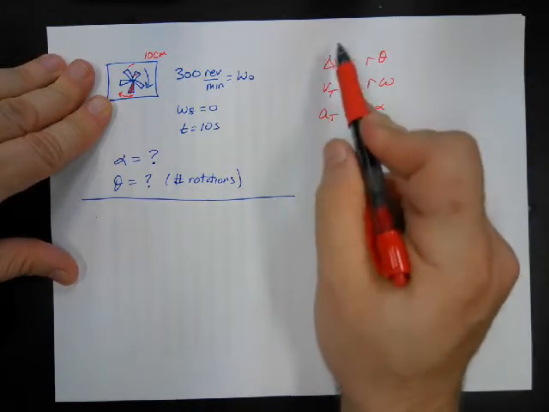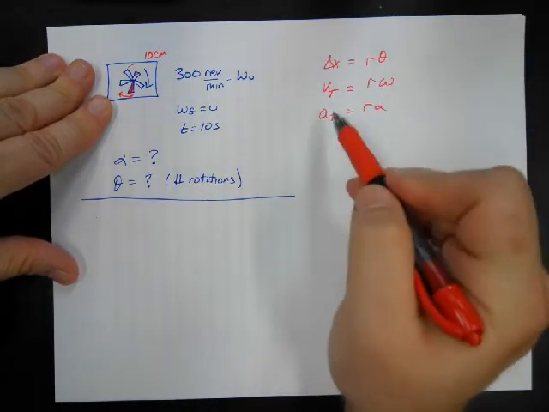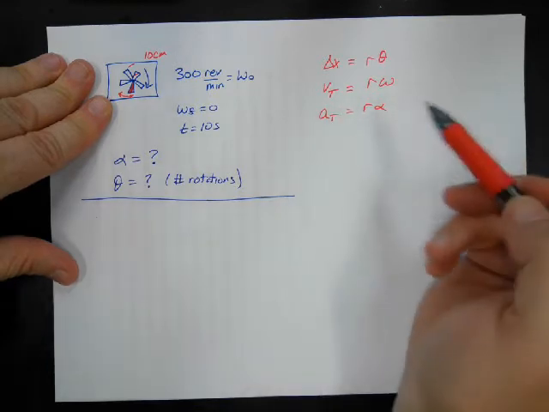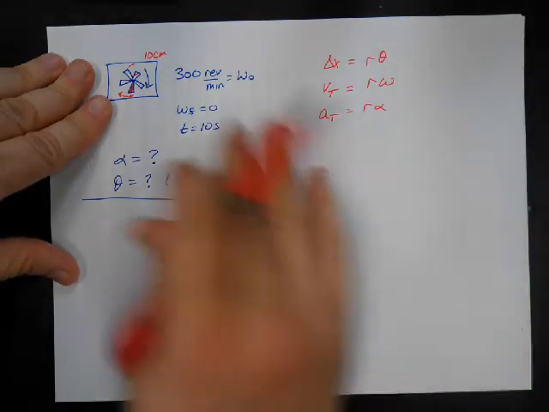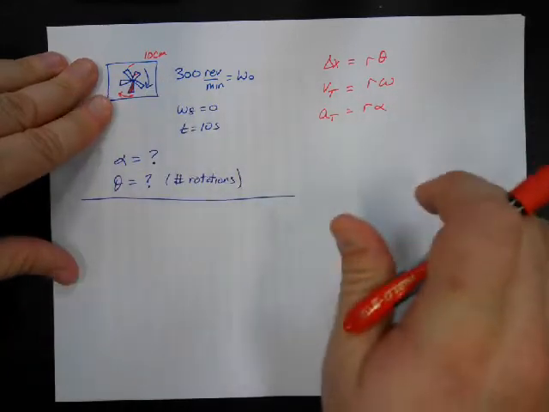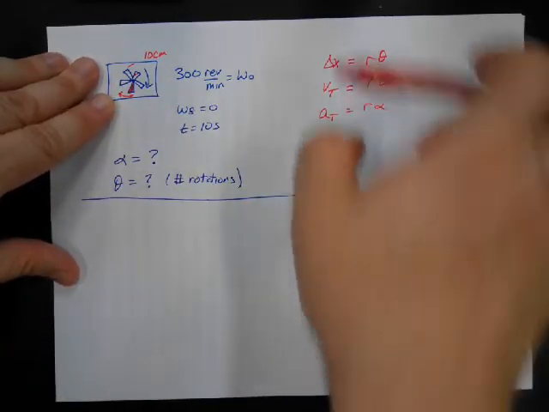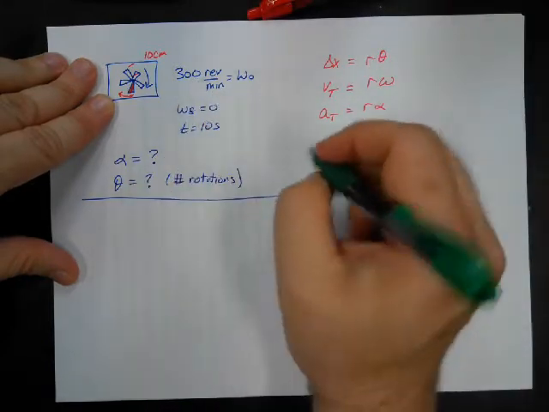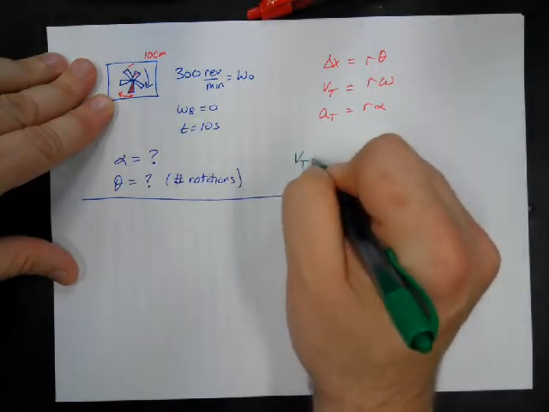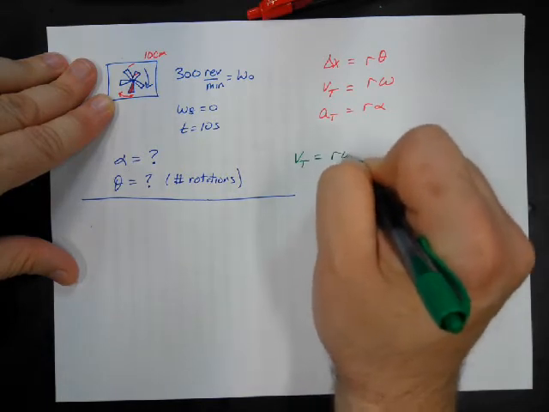So what we're going to do is try to solve this translationally and then go back. All right, so we're going to use these conversions from these numbers to translational numbers. So here we have 300 revolutions per minute. Our tangential velocity is going to be r omega.